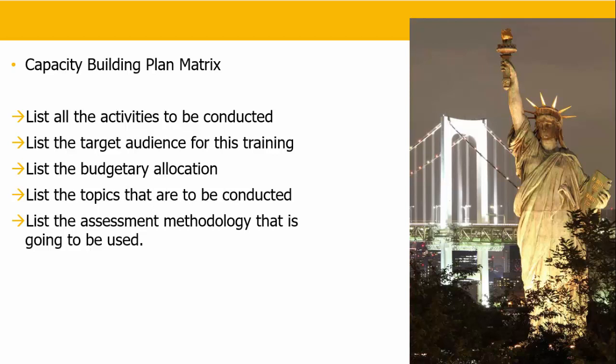But what we are saying here is that you simply just need to list all the activities to be conducted, list the target audience for this training, list the budgetary allocation, list the topics that need to be conducted, and list the assessment methodology that is going to be used.